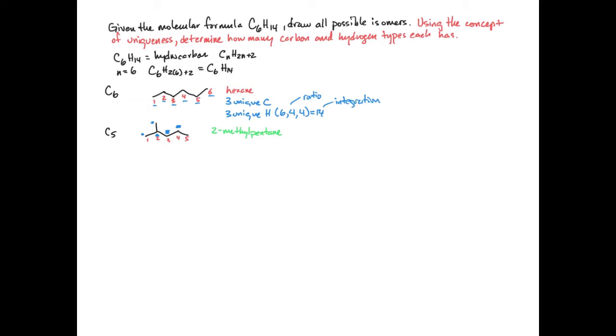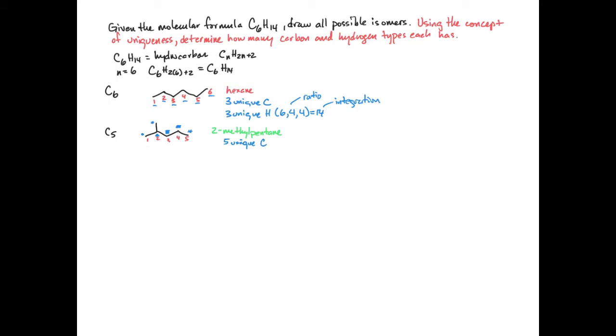And then 5 is a CH3 group that is unique from the other CH3 group, so we'll put a little asterisk. So total in this molecule we have 5 unique types of carbon. So already we've differentiated hexane from 2-methylpentane based on the unique type of carbon.